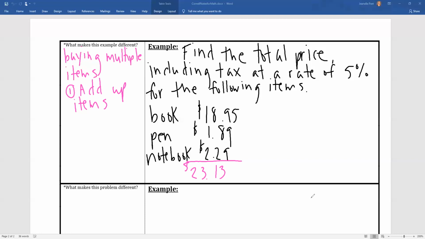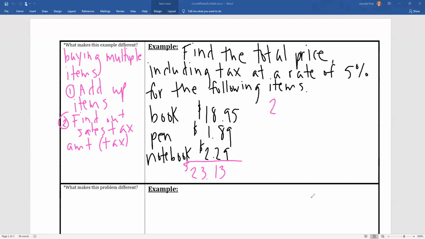So what I have to do now is add the sales tax. Okay, so now I'm going to have to find out sales tax. And if we look back at our previous example, I'm going to take my amount times the tax. And remember, the tax has to be a decimal, okay?